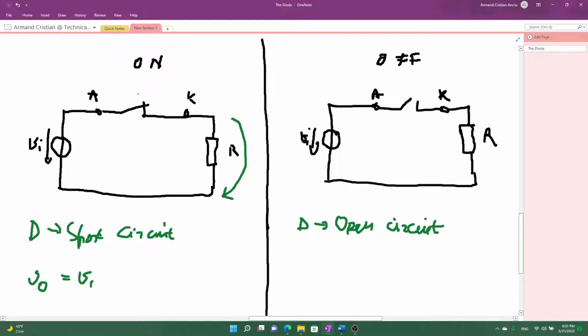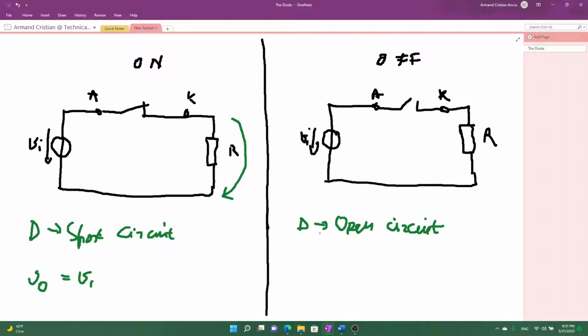But because the diode is basically a short circuit, I think I wrote it wrong. So it's actually the other way around.